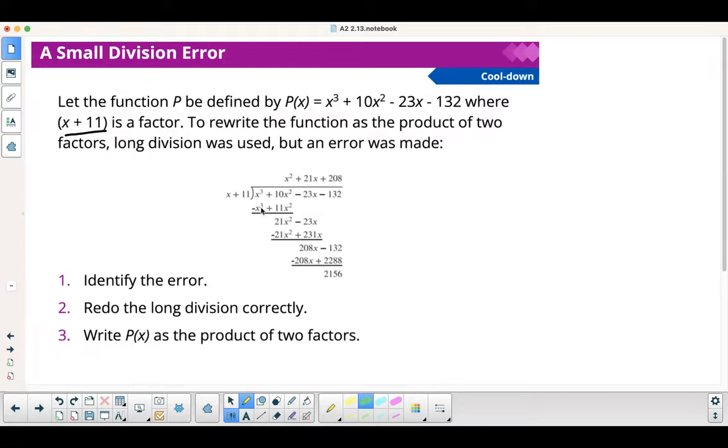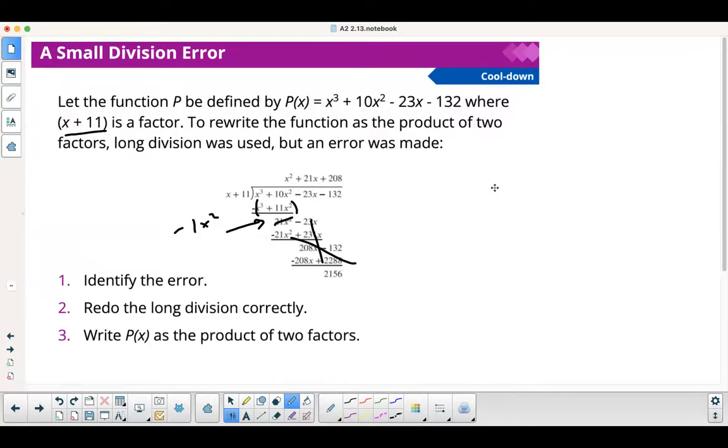I multiply, I get x cubed plus 11x squared. Here's the error. He needed to subtract this whole thing. I needed to kind of put parentheses here. So this is going to be minus, so it's going to be 10x squared minus 11x squared. So this should be a negative 1x squared right there. And then that will make the rest of this all wrong.